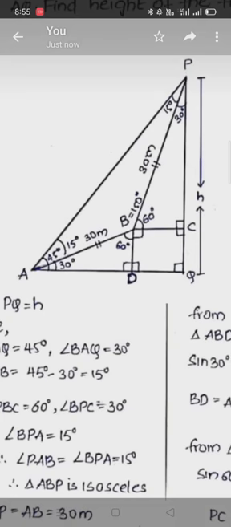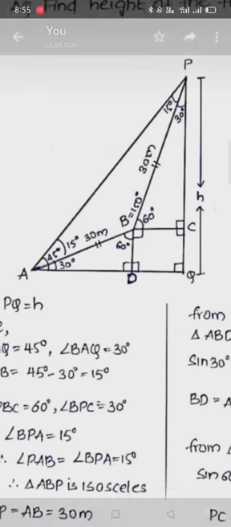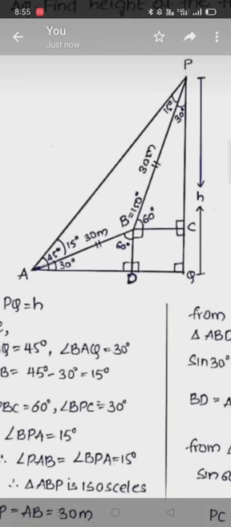So we can conclude the triangle ABP is an isosceles triangle. By this property, two sides must have the same length. As the angles are the same, the sides opposite to these angles are also the same.